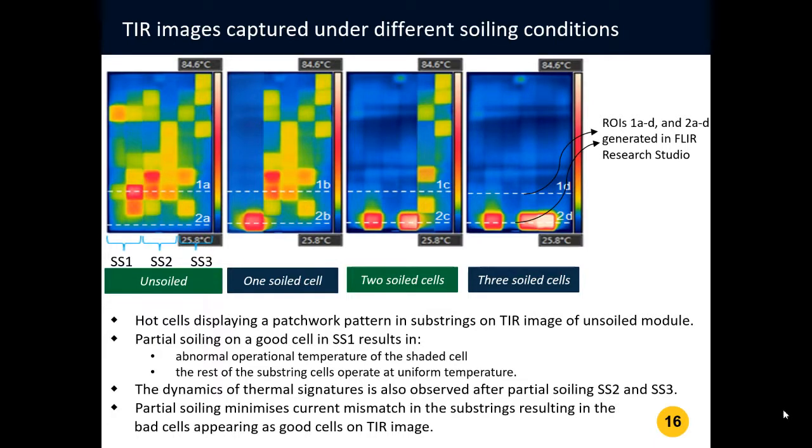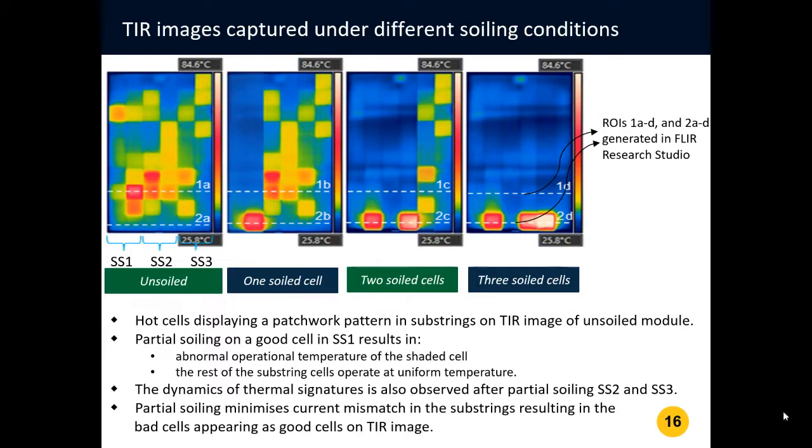And when partial soiling was applied on a good cell in substring 1, the shaded cell became abnormally hot, and the rest of the hot cells in the substring disappeared and operated as good cells.